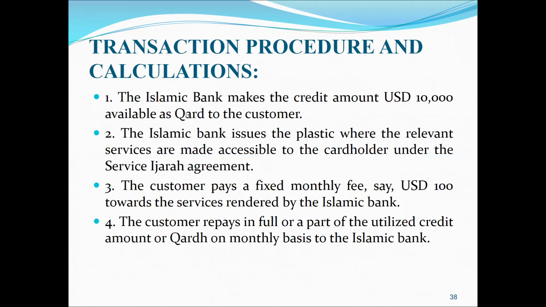By the way, this credit card is based on the Qard al-Hasan. You remember what the Qard al-Hasan is? Qard al-Hasan is a loan without interest. It's a good loan that does not require any interest. So you're provided a loan, you don't have to pay any extra amount on that loan.